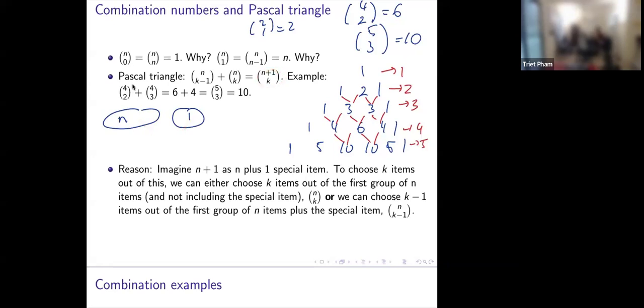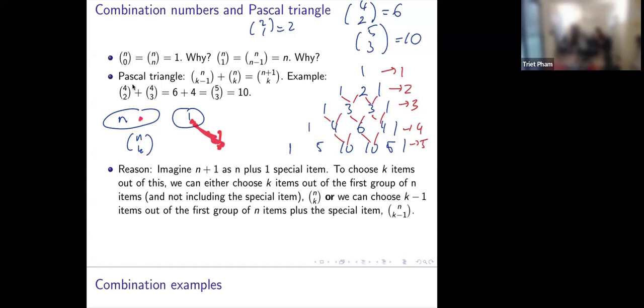Well, how can you do so? There are 2 possibilities. The first possibility is your k items come entirely from these n items. That's n choose k, and that gives you the entire k items. Or you can choose the one special item, and that's only one way to do so.